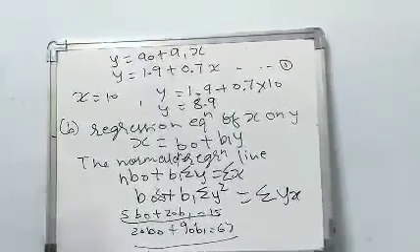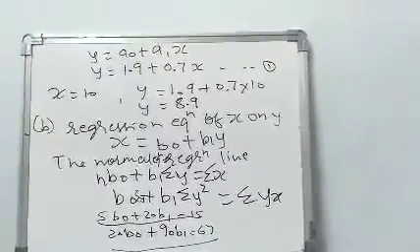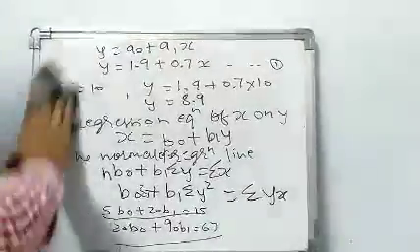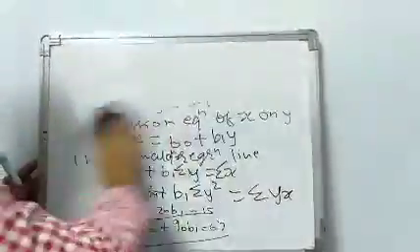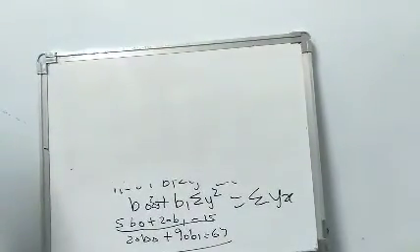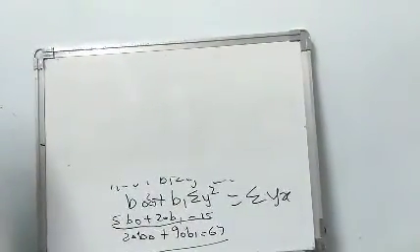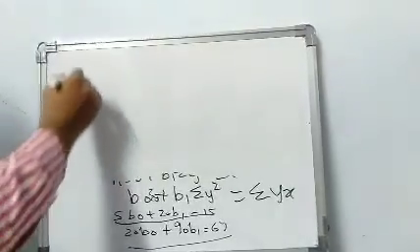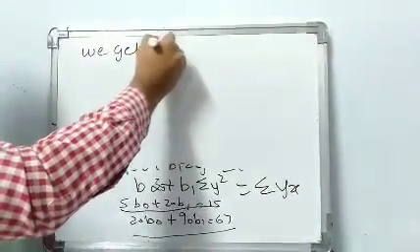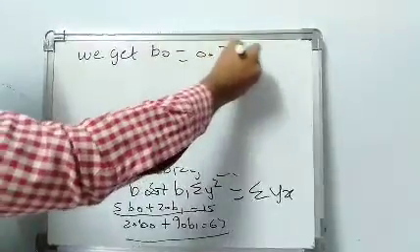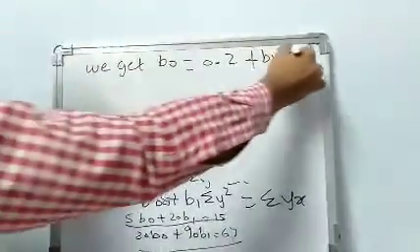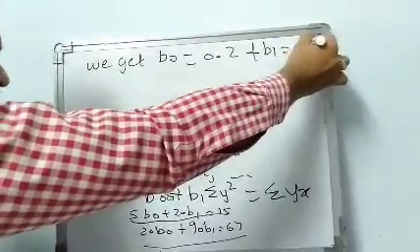After solving this, we get b0 equal to 0.2 and b1 equal to 0.7.